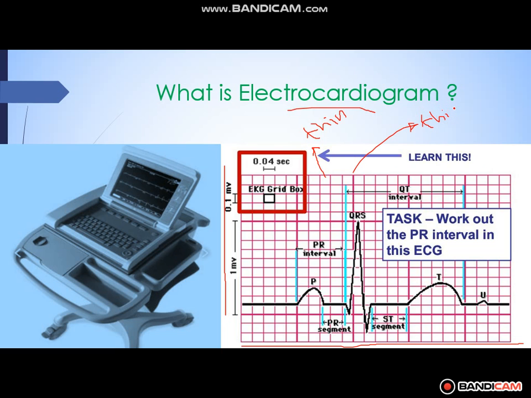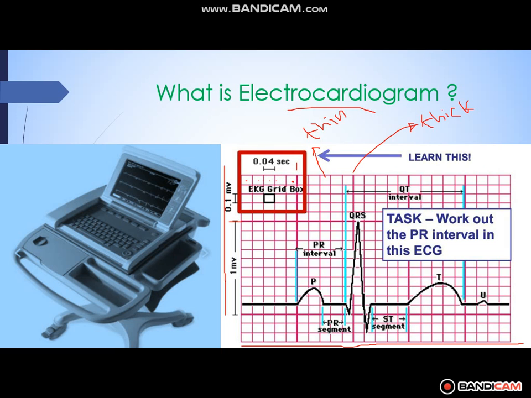It has 2 types of line. So when 2 thin lines are crossing each other like this, they make one small square. And when 2 thick lines are crossing each other like this, one here and another here, they make a large square which consists of 5 small squares, 1, 2, 3, 4, 5.